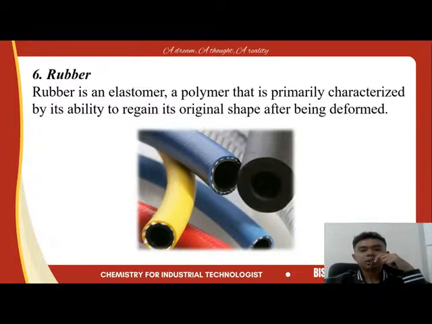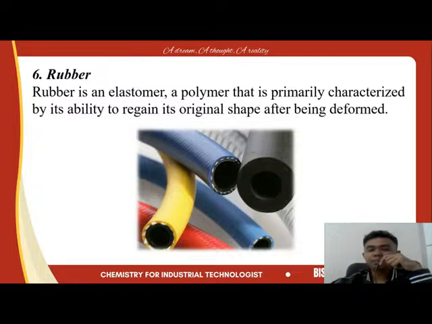Rubber is an elastomer, a polymer that is primarily characterized by its ability to regain its original shape after being deformed. Meaning to say, rubber is stretchable. Pwede siya ma-inat. There are many different kinds of rubber, but they all fall into two broad types.